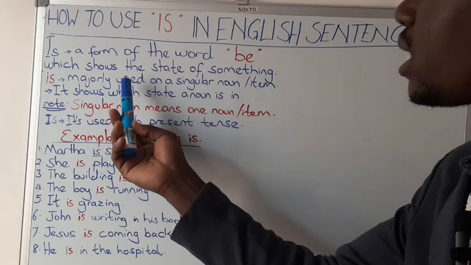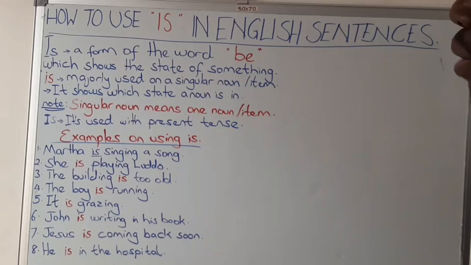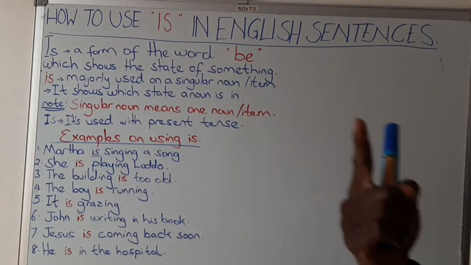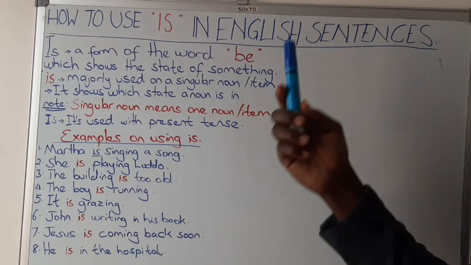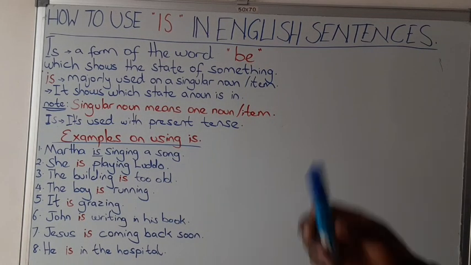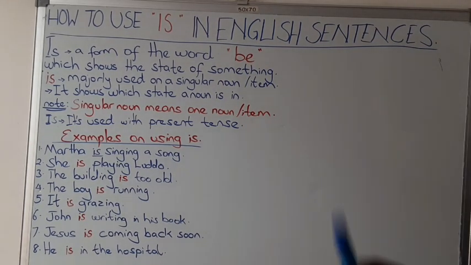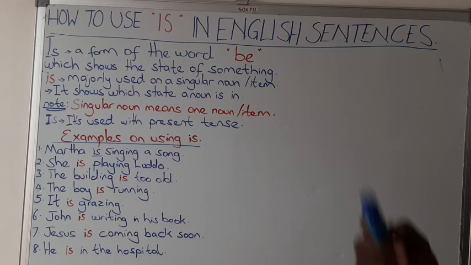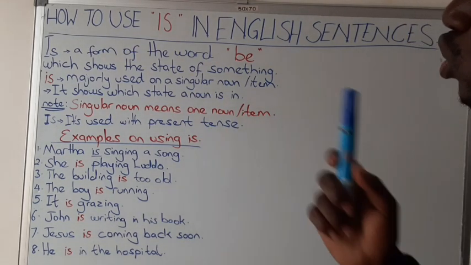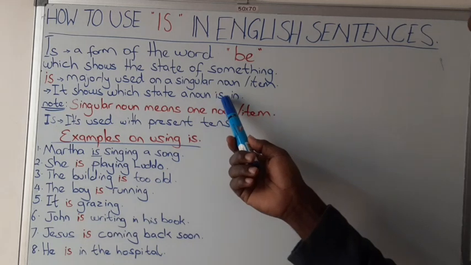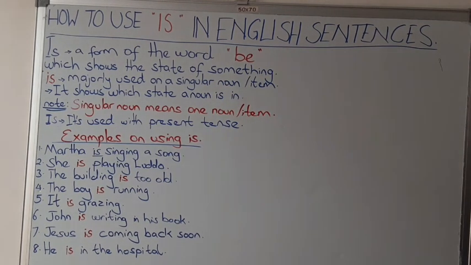"Is" is majorly used with a singular noun. With singular noun, I mean one item or one element. Remember, we said a noun is a name given to anything, for example blackboard or whiteboard, a ruler, a boy, a girl. That is a noun. So when you are pinpointing one item, you use "is" as the helping word. "Is" is a helping word in English.